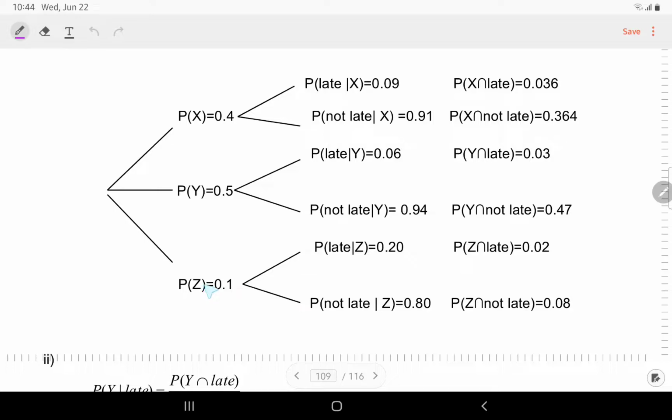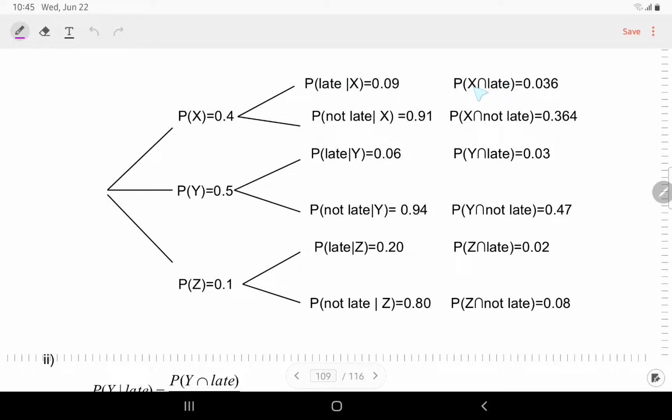For taxi Z from firm Z, late 20%, not late 80% lah. Okay, so untuk first stage dia bagi pada 3 because we have 3 firms. And then for the second stage of this branch divided into two branch lah, 2 branch, sebab kita ada 2 outcome sama ada late or not late.